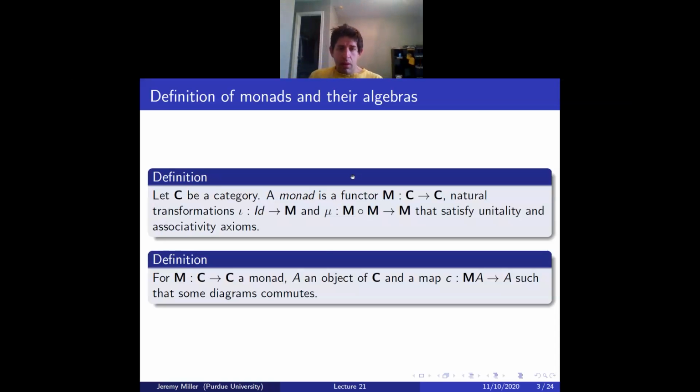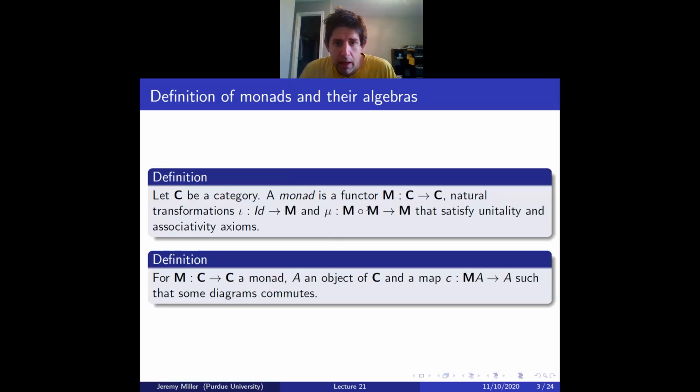So recall that we have this fixed category C, which most of the time will be spaces, and then a monad is a functor from C to C, and a natural transformation that serves as the unit, so a natural transformation from the identity to M, and then a natural transformation from M composed with M to M that satisfies unit and associativity axioms, giving this the structure of a monoid object, if that's terminology you like.